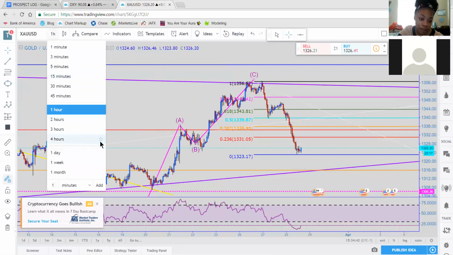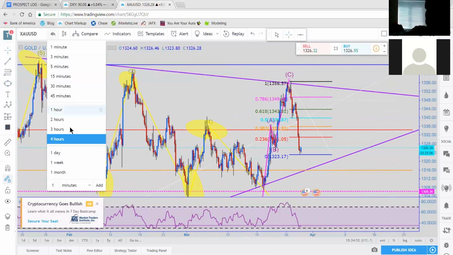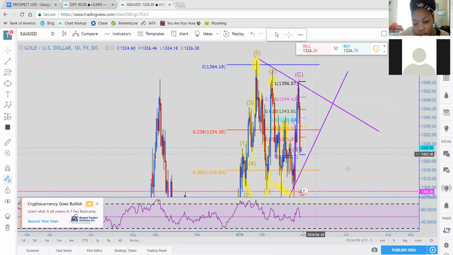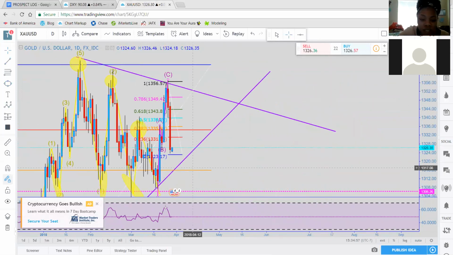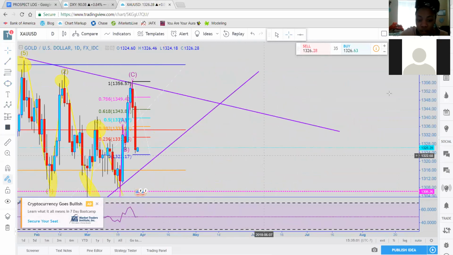And on the 4-hour, it looks like it's going to be a buy soon too. So keeping that in mind, then we go to the daily, and it's basically just a pullback. So this is exactly what I'm expecting to happen, actually.